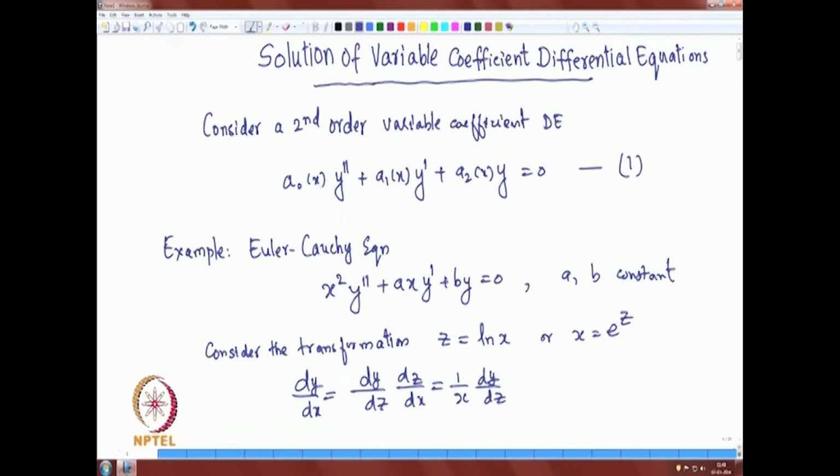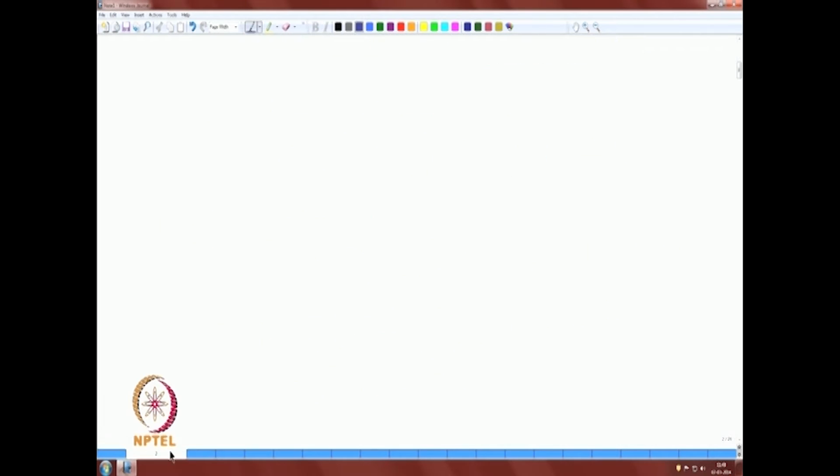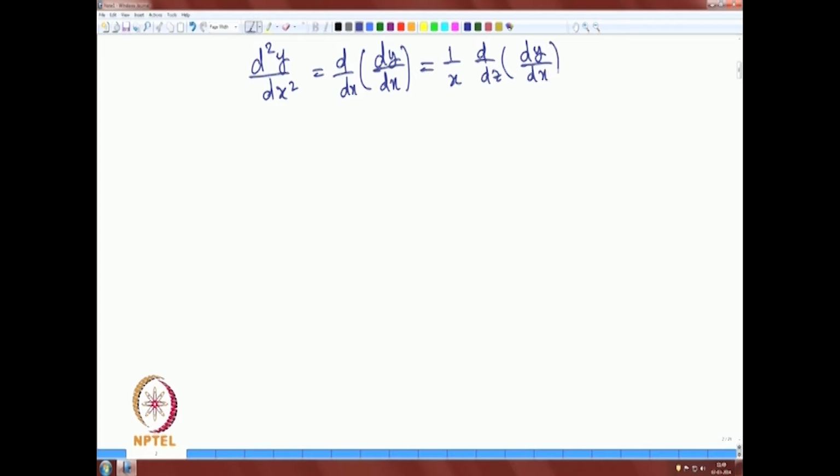So, d square y by dx square is equal to 1 by x times d by dz of dy by dx, which is again 1 by x times d by dz of, what is dy by dx? dy by dx is 1 by x dy by dz.